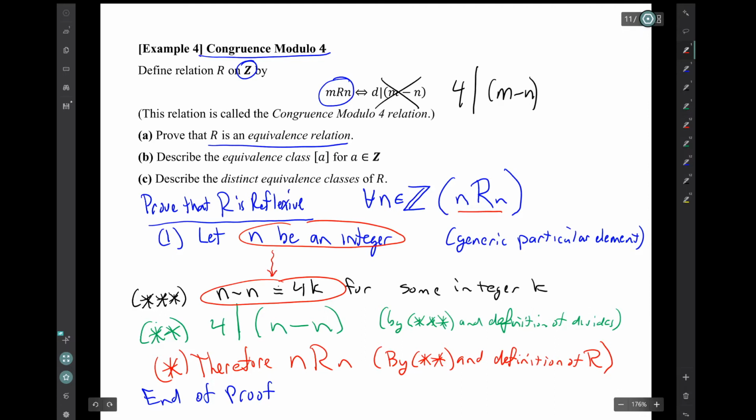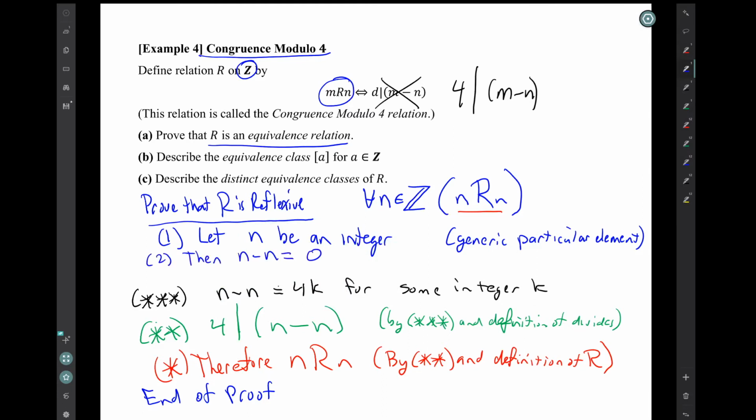We need to have this equation, n minus n equals 4k. Well, we don't know what k is, but we do know what n is. We've got n introduced. So let's start by building the left side of the equation. Okay, so we can say that n minus n equals 0. Oh, look at the gap we've got now.